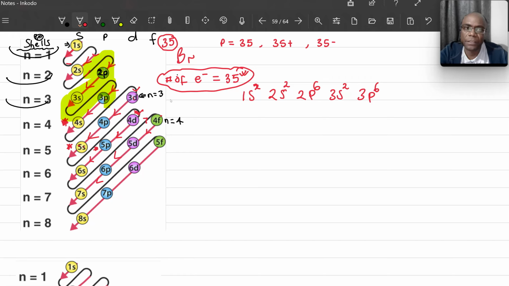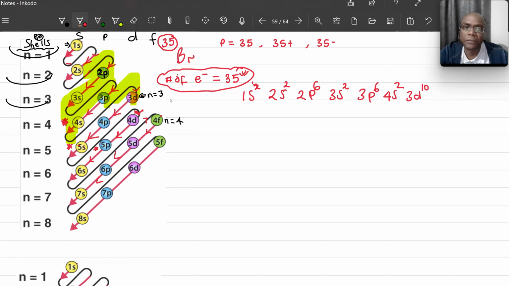We still keep going. Then I'm going to go to 4s first. So 4s carries a maximum of 2. After the 4s, I'm trailing. That's the time I'll get to 3d. 3d carries 10.